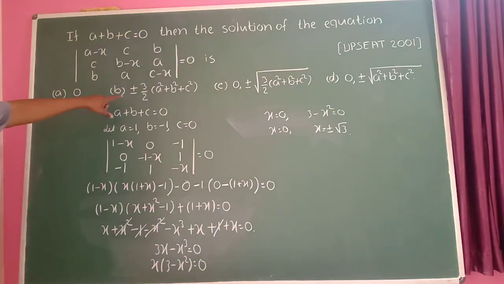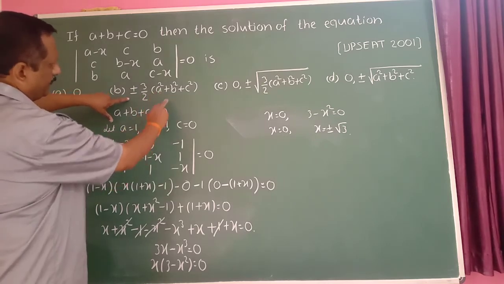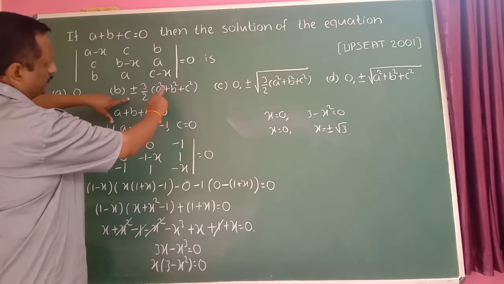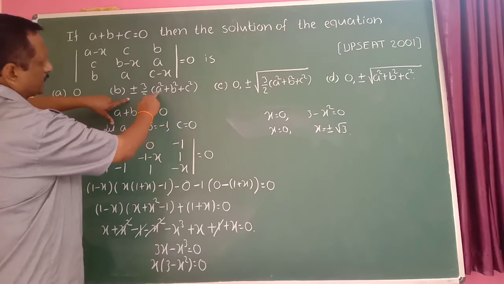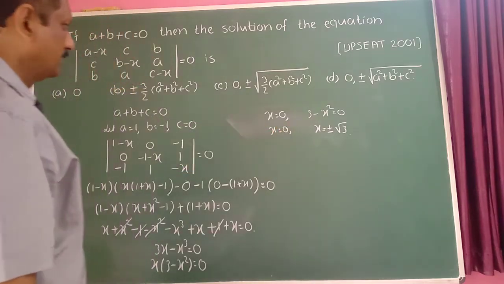If you substitute the value a is 1, b is minus 1 and c becomes 0, then 1 plus 1 is 2 cancels, remaining plus or minus 3. But here plus or minus root 3 is there.